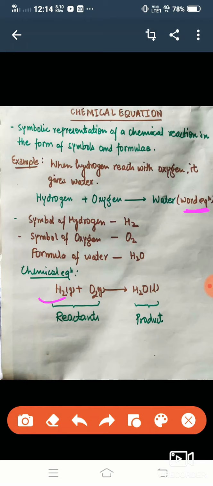Here H2 is a gas, oxygen is also a gas, and water is liquid in state. In this equation there are three parts: the reactants, the products and this arrow. So this is a chemical equation.